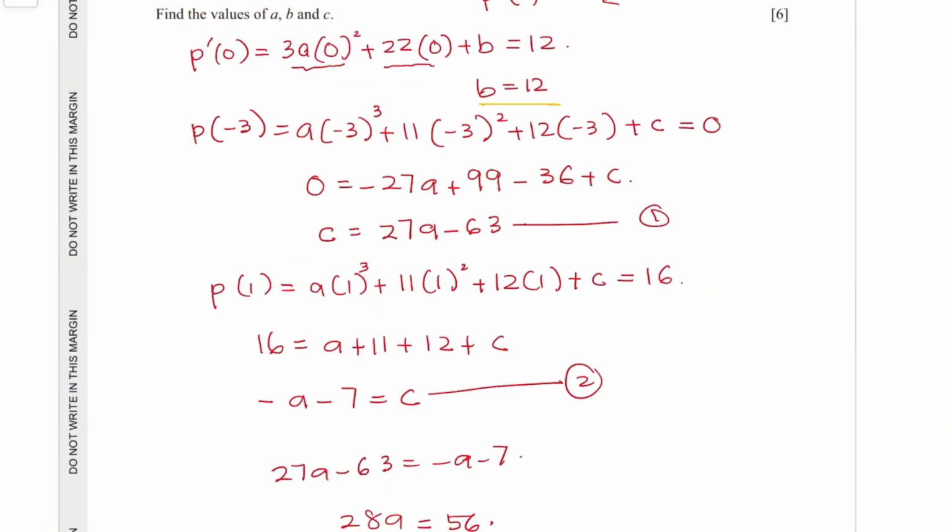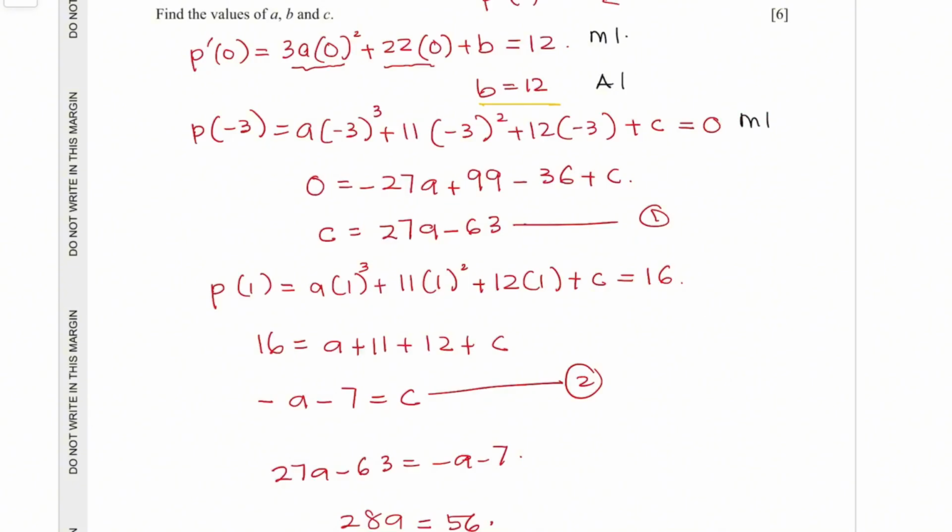How do you get marks on this question? First mark is when you attempted the differentiation. That's M1. The next mark is when you found that b is equal to 12. That's A1. Next mark is when you attempt p(-3) equals 0 or p(1) equals 16. So we did it here. That's your next M mark.